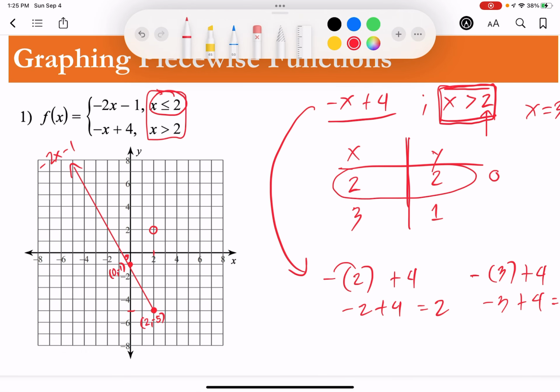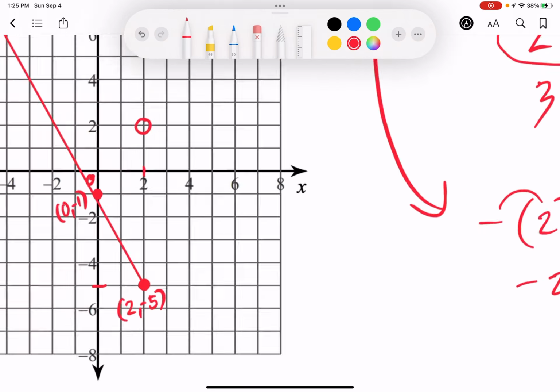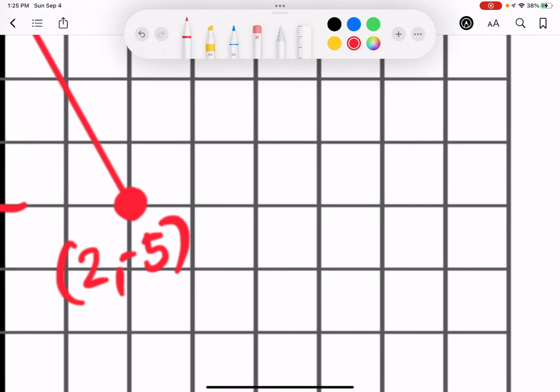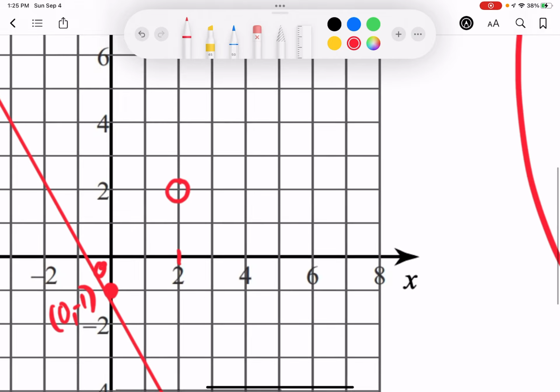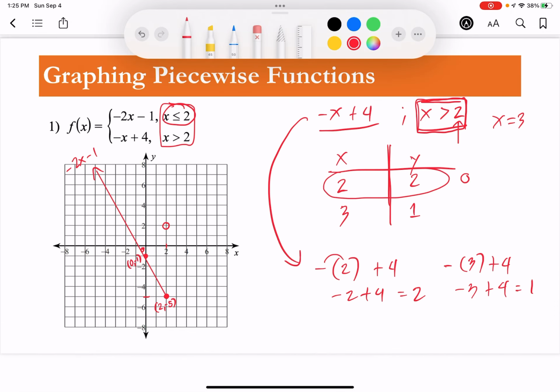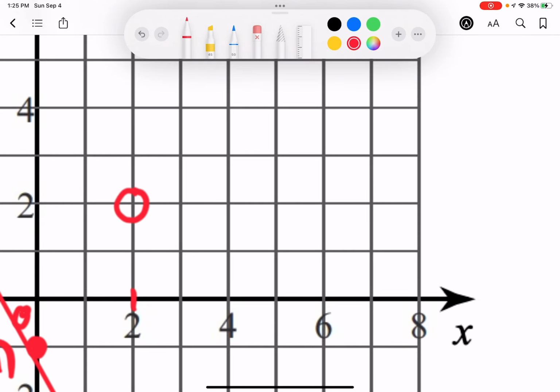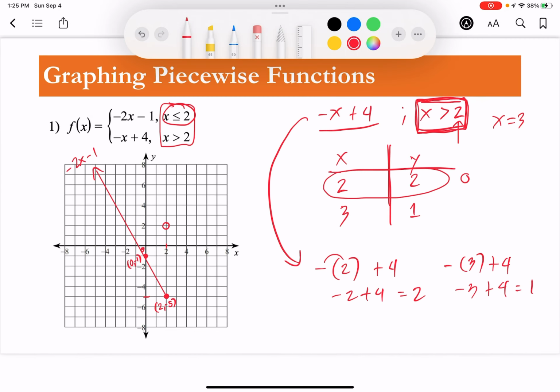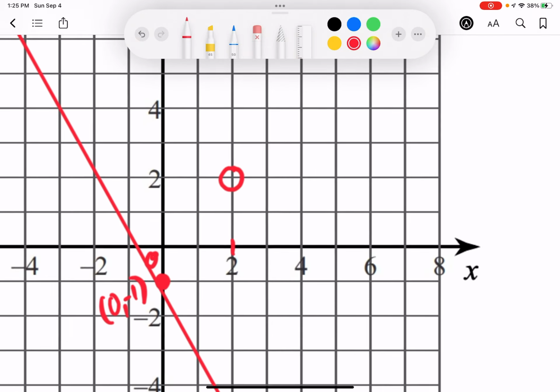Okay? X is greater or equal to 2. Kaya, ang ginamit natin ay solid point or solid circle. Dito naman sa pangalawang condition, dahil hindi naman kasama yung 2, greater than 2 kasi siya, so gagamit tayo ng hollowed point, okay, or open point. Okay, next. The next point would be at 3, 1. Asan yung 3, 1 na yan?